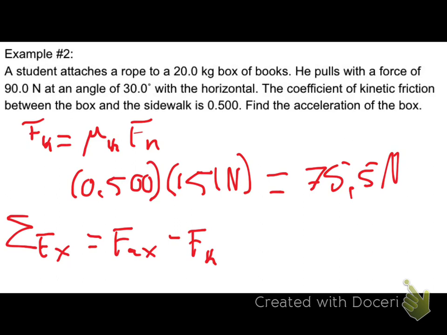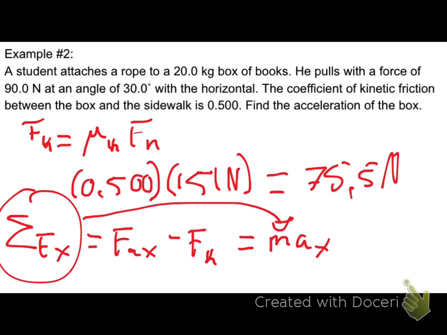And that we can put equal to mass times acceleration in the x direction, because remember that this right here is equal to this, force equals mass times acceleration. So since we're in the x direction, we can make it equal to this, and then we can solve for our acceleration in the x direction just by doing math here, plugging in the numbers that we have.